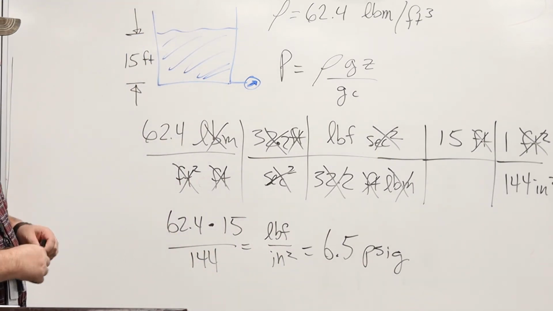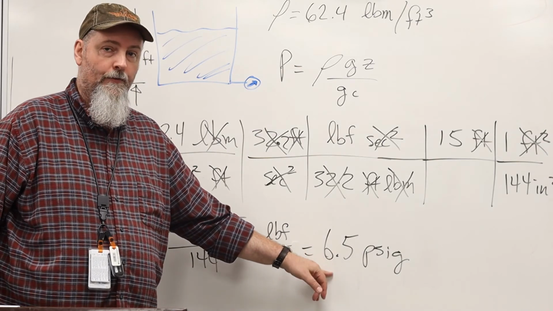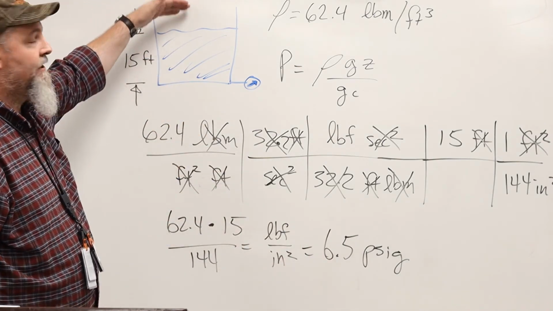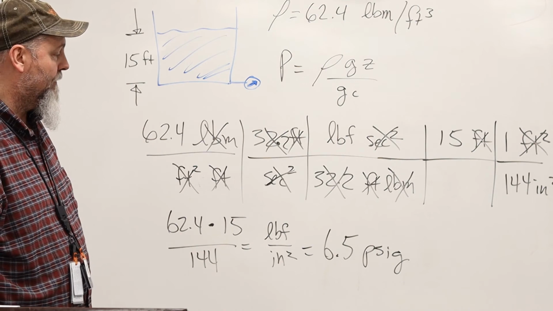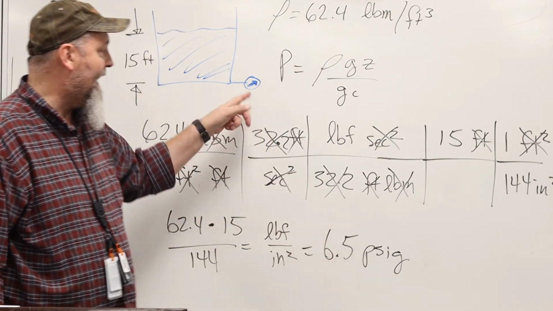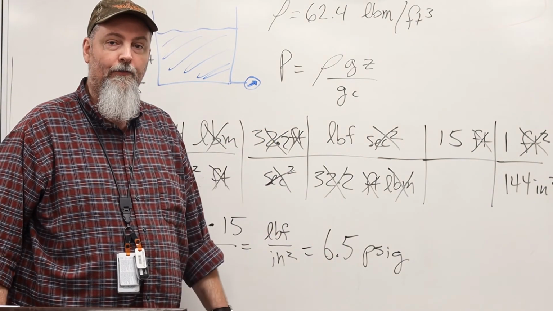And we are going to do pounds gauge so that we don't have to take into account the atmospheric pressure. So that gauge will read 6.5 pounds per square inch gauge.